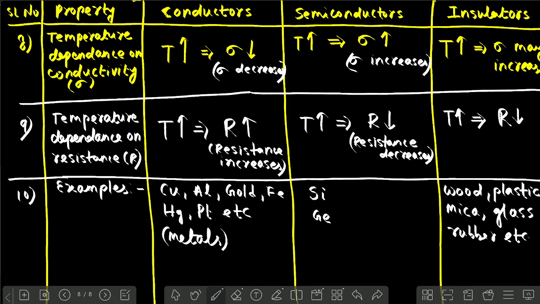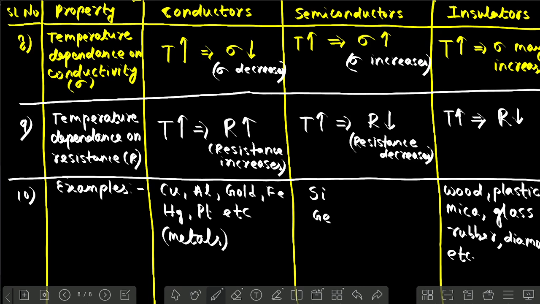Is diamond an insulator, conductor or semiconductor? Diamond is an insulator. Carbon is also an insulator.